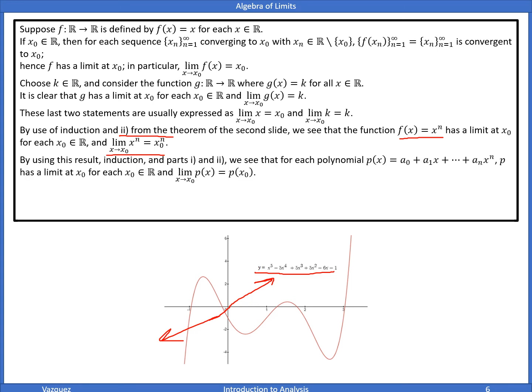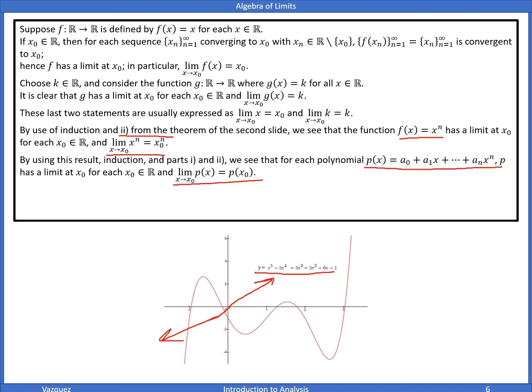And again, using this result and induction on parts 1 and 2. Again, if you don't remember what parts 1, 2, and 3 were, look at the second slide. But we find that every polynomial has a limit at exactly the place you'd expect it to have a limit.